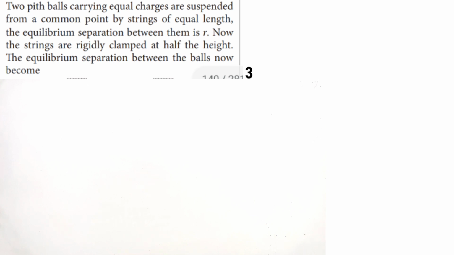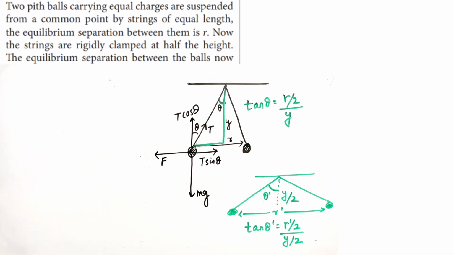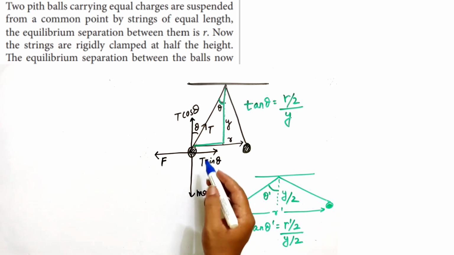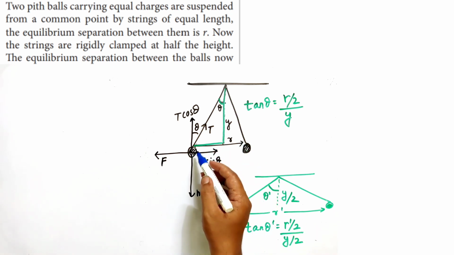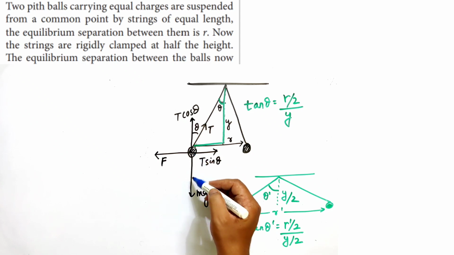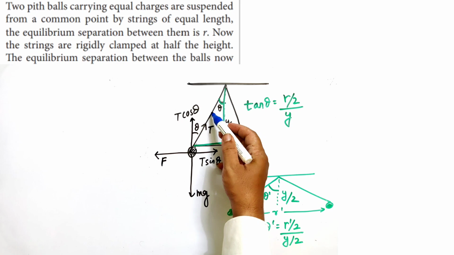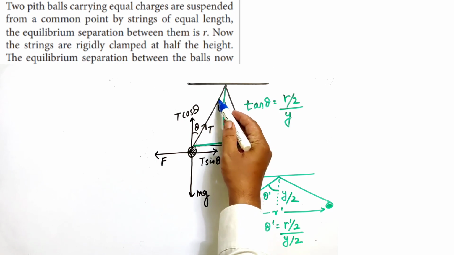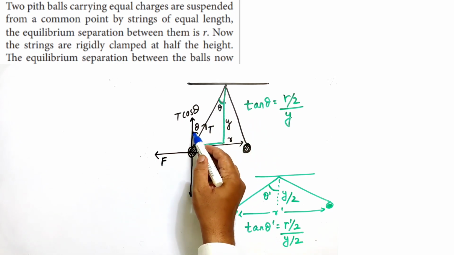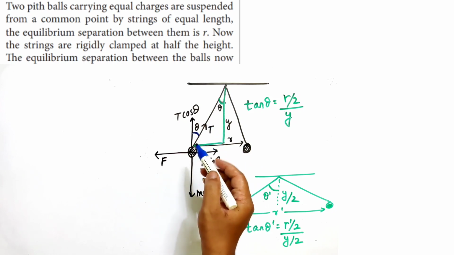Okay, so let us solve this one. Here I have drawn the free body diagram of the question. You can see the pith balls have a mass m, so they experience a weight of mg in the downward direction. Tension T is acting along this direction. If this angle is theta, then this angle is also going to be equal to theta.